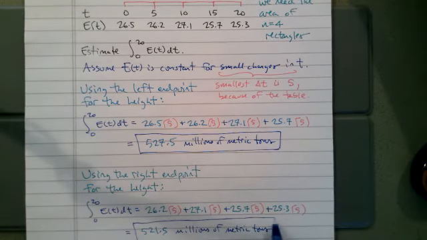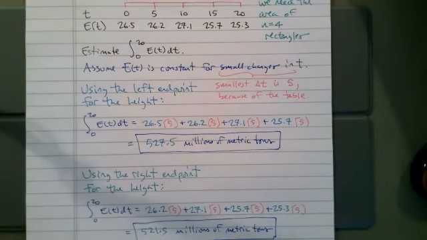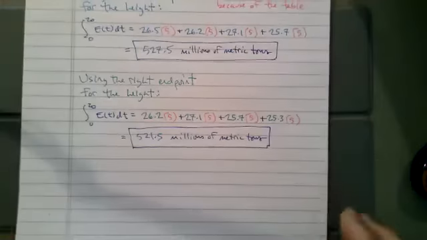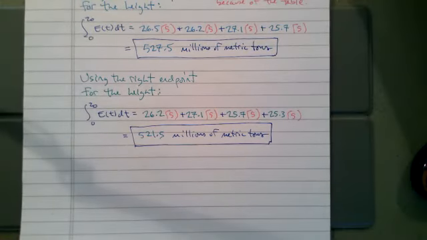So in those 20 years, at these rates, we're estimating somewhere between 521.5 million metric tons and 527.5 million metric tons of nitrogen oxides. Any questions?